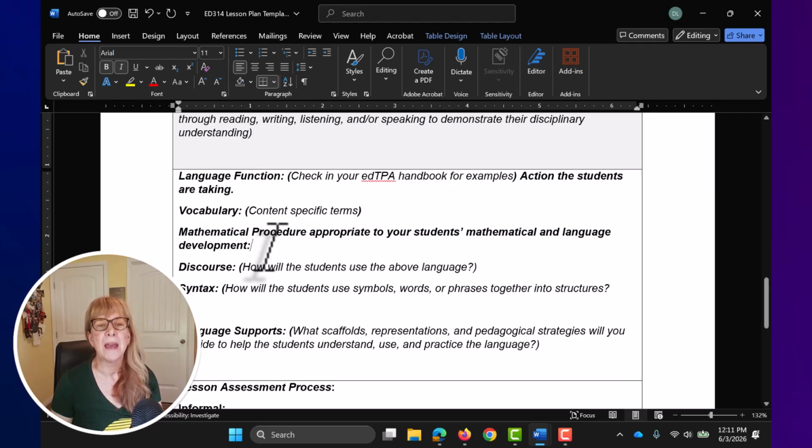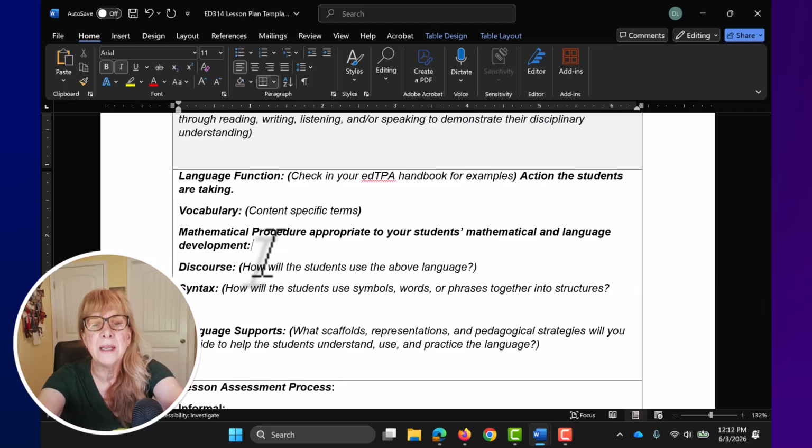Next is math procedure, which is only appropriate if you're doing a math lesson. If you are doing a math lesson, which I love because I teach math methods, then you want to state here whether you are building conceptual understanding.